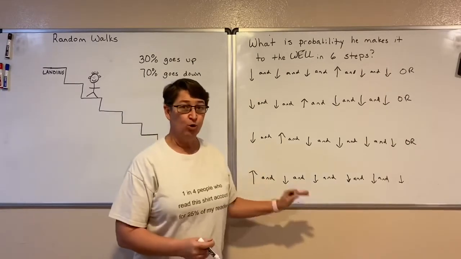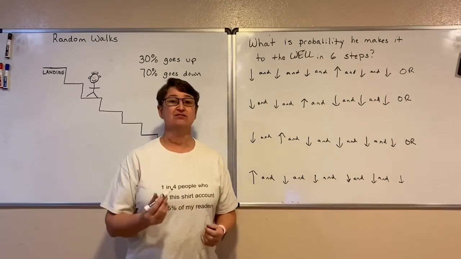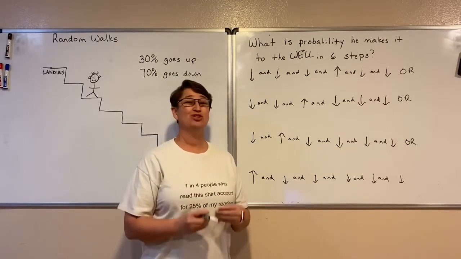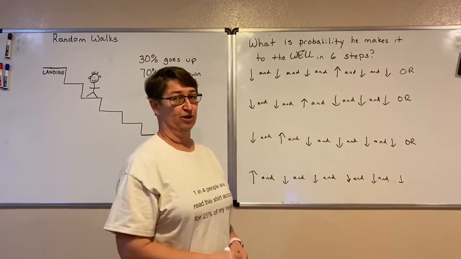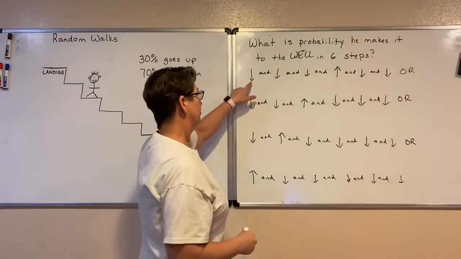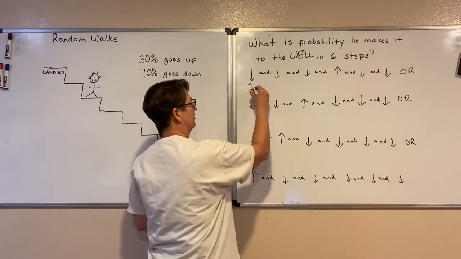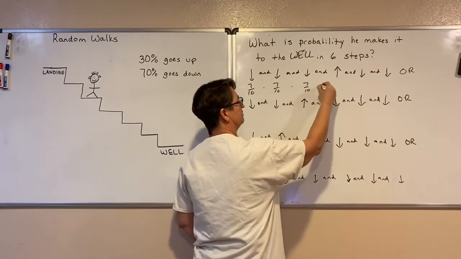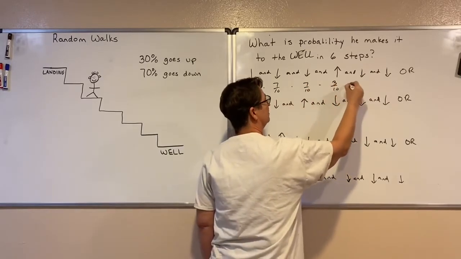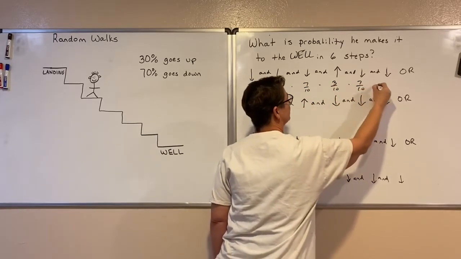Once you have it in words, then finding the probability is a lot easier. But I really want you first to think about it in words before you try to put down the numbers. Now that we have the words though, now we just add the numbers. So you got 7 tenths times 7 tenths times 7 tenths times 3 tenths times 7 tenths times 7 tenths.